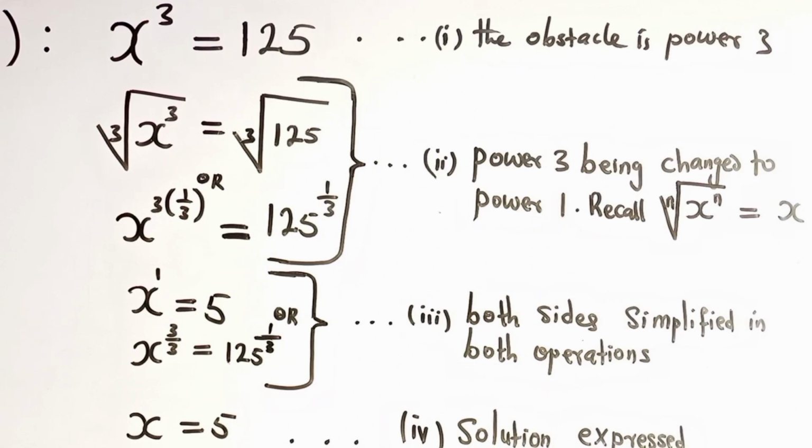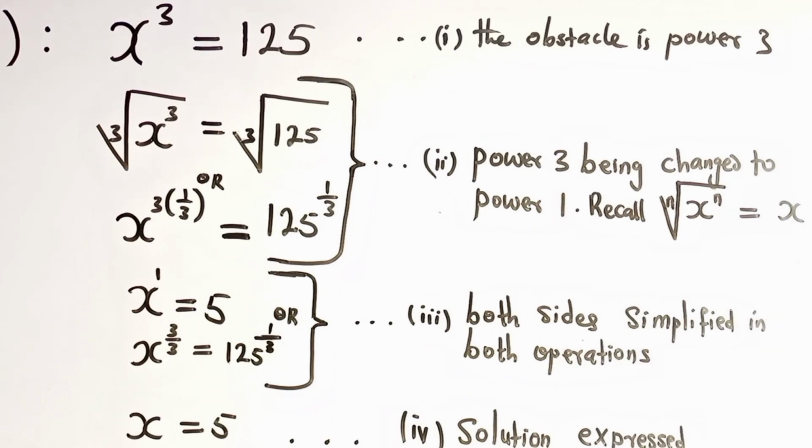The second method is to raise that entire index to the power of the multiplicative inverse of the power which already exists. Which means to clear powers, we find roots, or we use the multiplicative inverse of the powers.